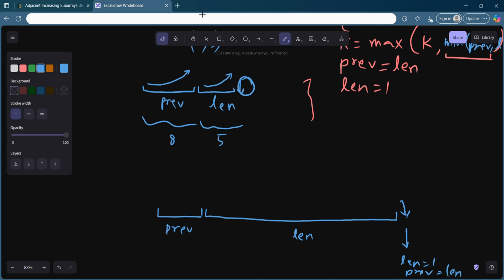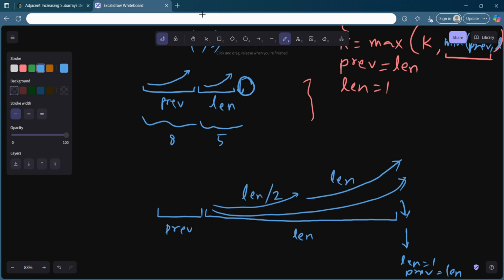So what will you update here? You could have told me that this is the whole increasing part, right? But this len by 2 portion is also increasing, and the next, first len by 2 and the second len by 2 portion, is also increasing. And in this case, len by 2 can also be greater than this previous value. So let's say previous was something like 5 and this whole length is something like 20.